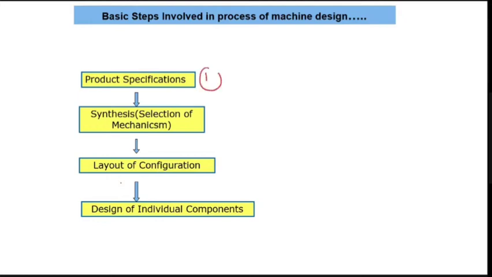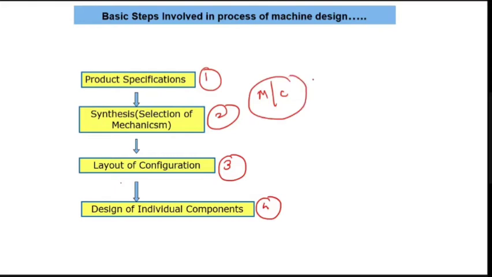Don't worry. The first step involved in the process of machine design is product specification. The second step is synthesis, which is a selection of mechanism. The third one is layout of configuration, and the fourth and important step is design of individual components. Whenever you are designing a machine, the most important part is the design of individual components.